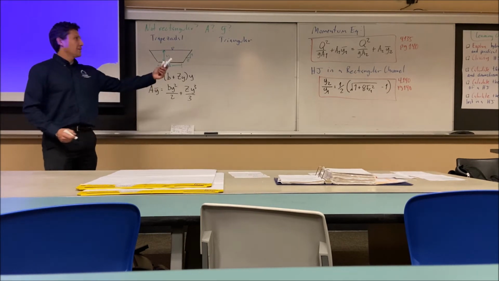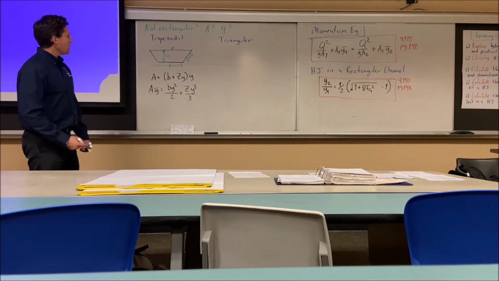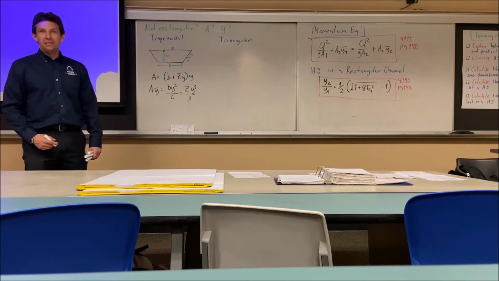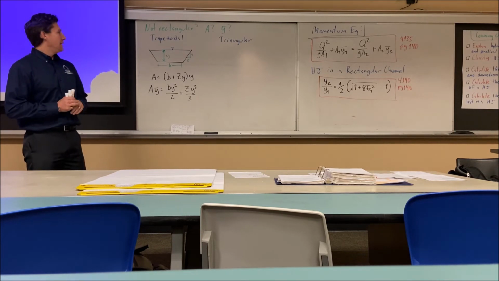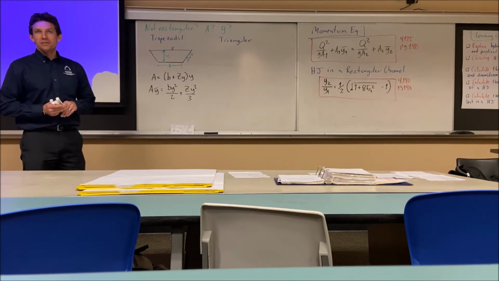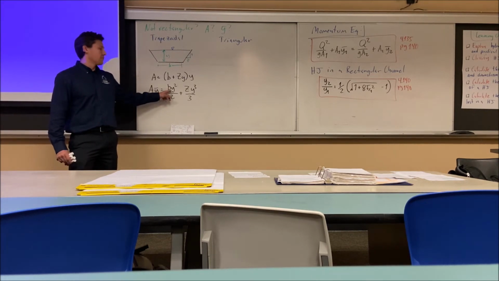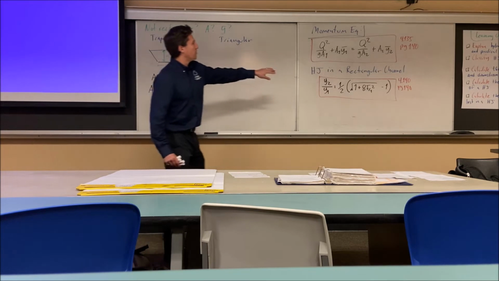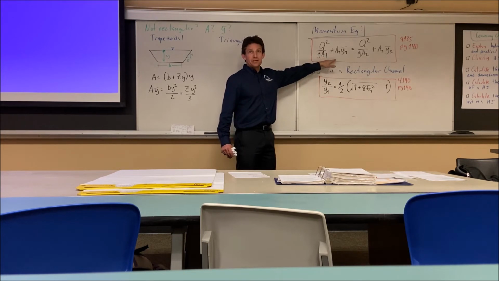You could totally calculate what's happening in a hydraulic jump for a trapezoidal channel for your PE. The one trick that I want you to be aware of is using your solvers and your calculators to do this, because that's how you will set this up. You'll be solving for Y in this, right? So you'll probably have the actual number for this part. You'll know what the flow depth is, and therefore you can calculate that.